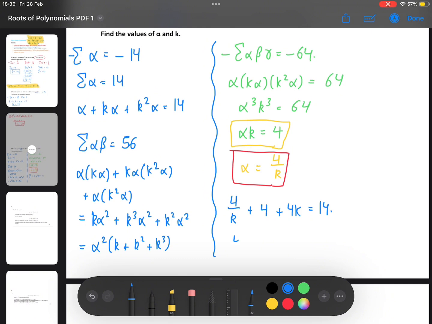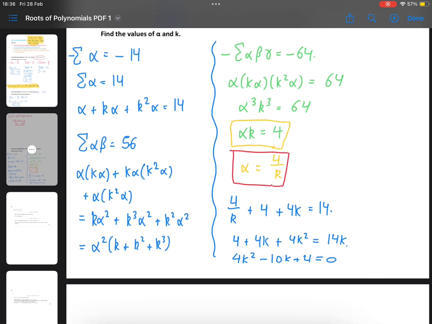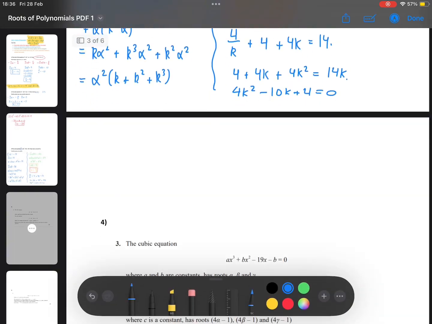Multiplying both sides by k, we get 4 plus 4k plus 4k squared equals 14k. And 4k squared minus 10k plus 4 equals 0. And as a quadratic, if we solve it using the quadratic formula or our calculator, we get that k equals 2 or a half.